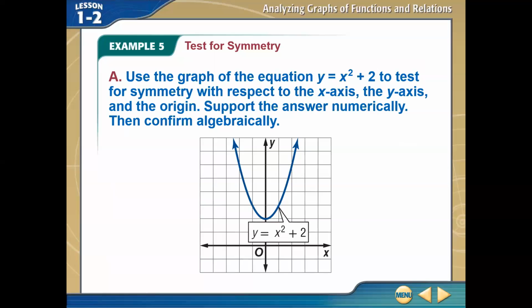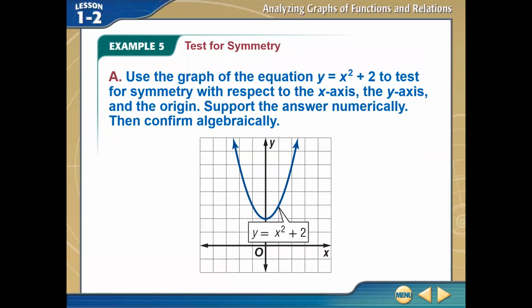All right. So here we are testing for symmetry. It says use the graph of the equation y equals x squared plus 2 to test the symmetry with respect to the x-axis, the y-axis, and the origin. Support your answer numerically, then confirm algebraically. The first thing we want to do is look at which one makes sense.